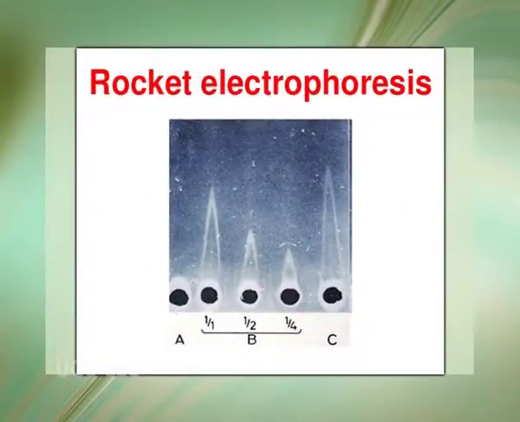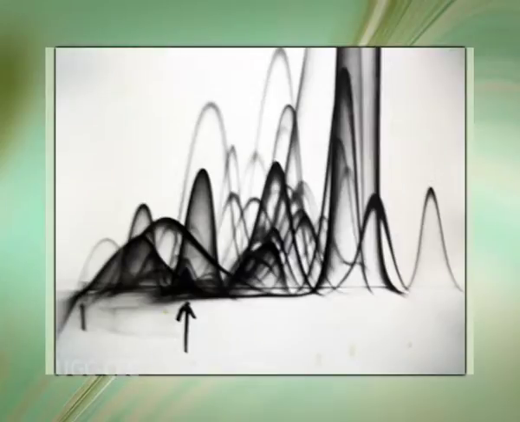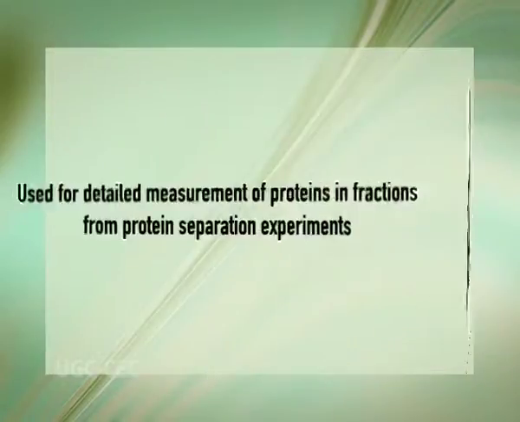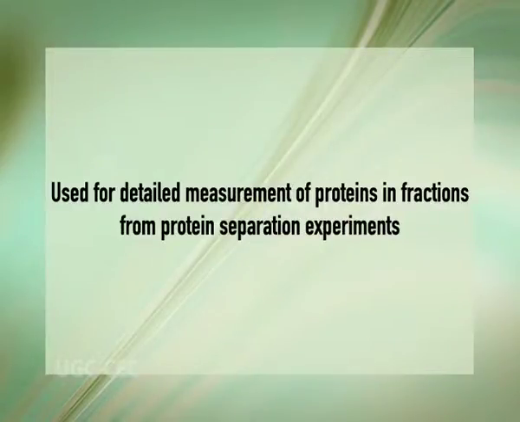Rocket immunoelectrophoresis is one-dimensional quantitative immunoelectrophoresis. The method has been used for quantitation of human serum proteins before automated methods became available. Fused rocket immunoelectrophoresis is a modification of one-dimensional quantitative immunoelectrophoresis used for detailed measurement of proteins in fractions from protein separation experiments.